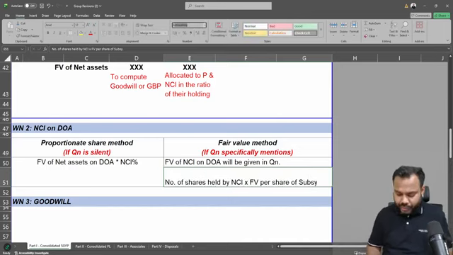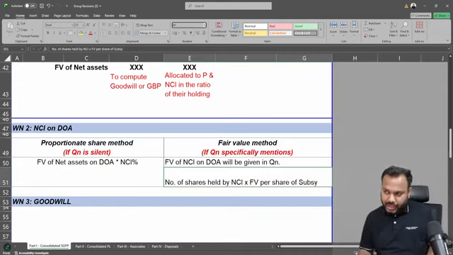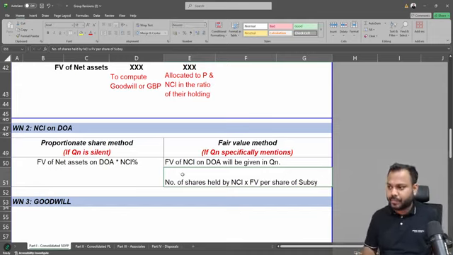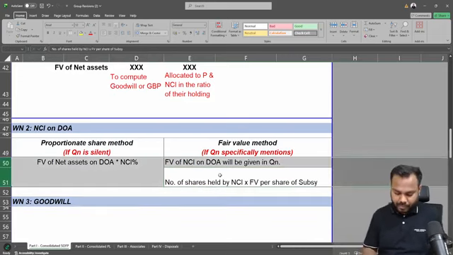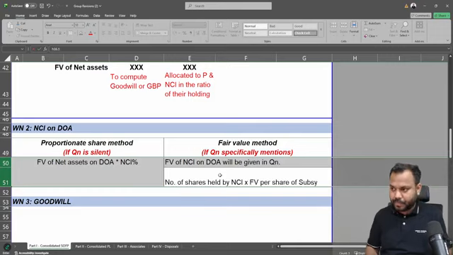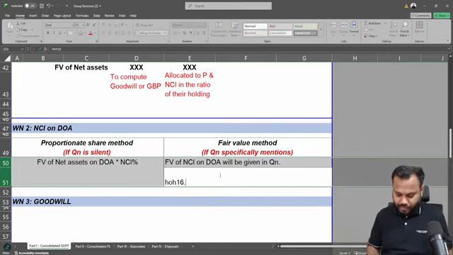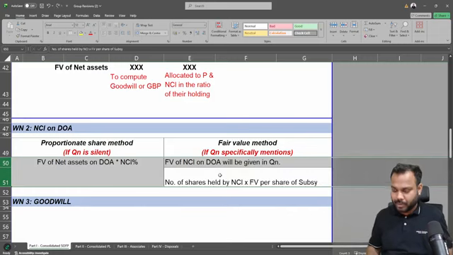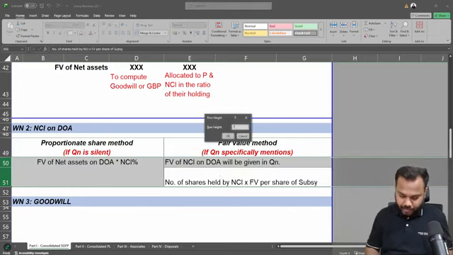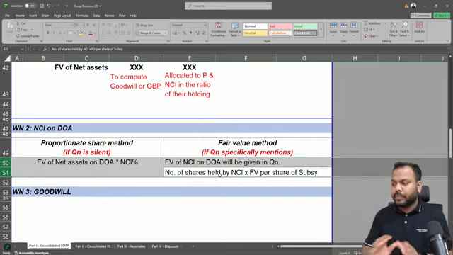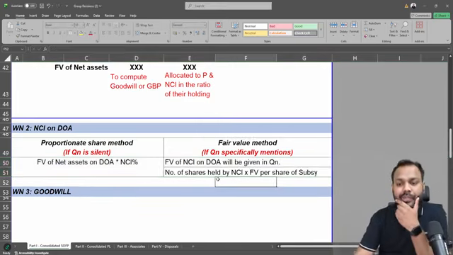So this will give you the fair value of NCI. Is it clear, everyone?